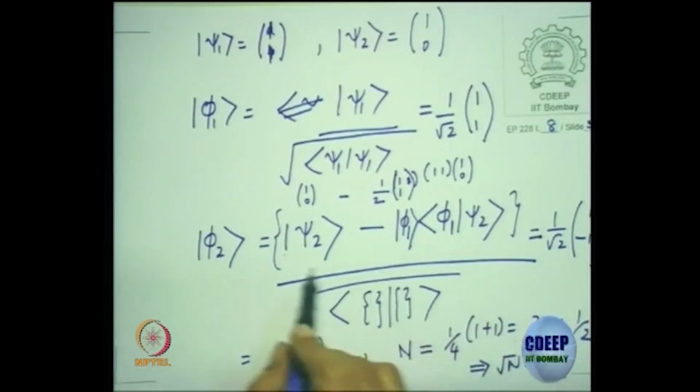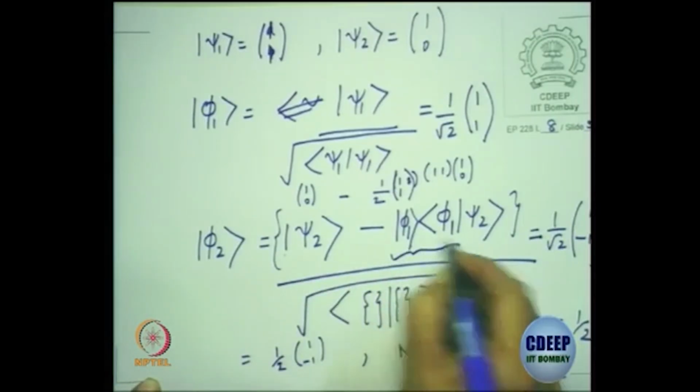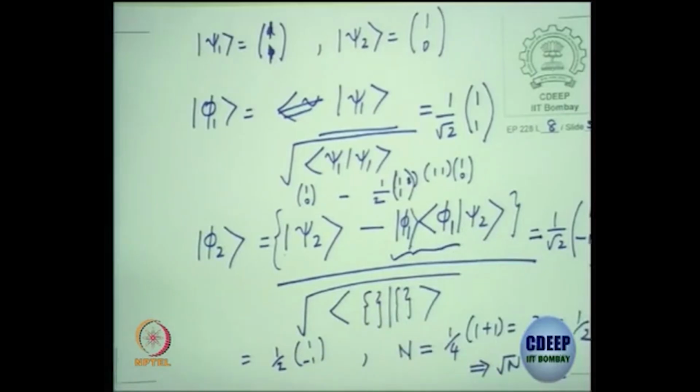But in this process, there is something which I wanted to tell you. What is it we see here? This piece. What is that piece? I just said a few slides ago, it is an outer product. But what is the operation of this outer product? It projects the component of an arbitrary state along the phi 1 direction.